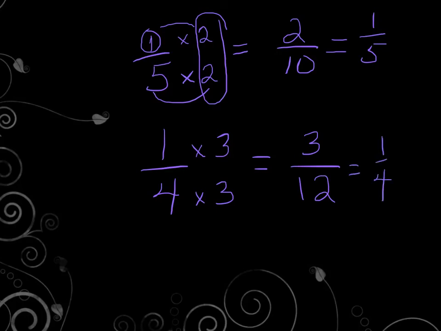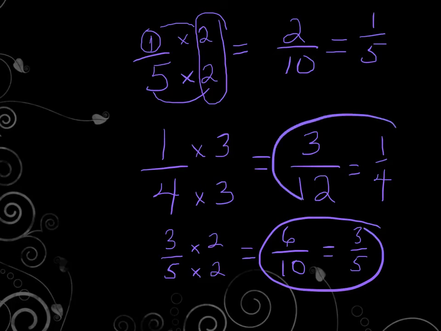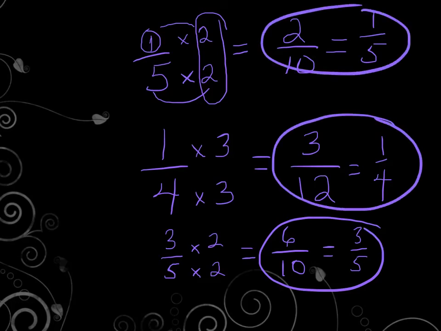Let's try one more over here. Let's try 3/5. And we'll multiply times 2. We'll double these. I'm just trying to find equivalent fractions or equal fractions. So 3 times 2 is 6. 5 times 2 is 10. 6/10 is equal to 3/5. So those are exactly the same fractions. All of these are equivalent fractions to the one next to it.